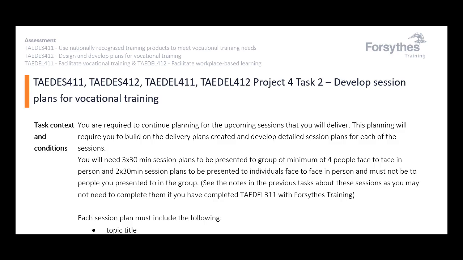So we need to think about what goes into that session to fill up the 30 minutes, so to ensure that we're meeting the learning outcomes as well. We don't want the learning outcomes too big, that we're going too fast and the learner's getting lost. But we don't want it too small so that it feels like it's just been dragged out to the 30 minutes.